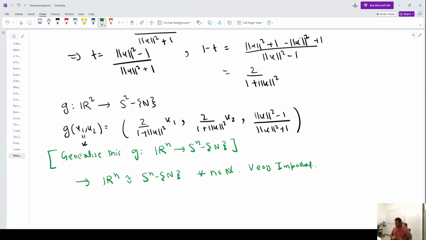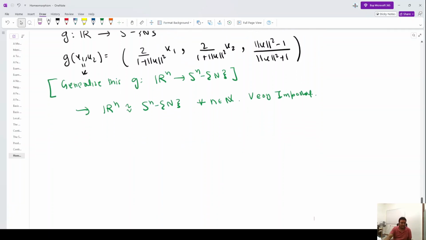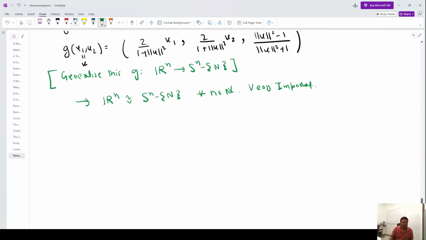I just wanted to give you one example to try. So show that, let me see, F from 0 to 2 pi to S1, F of t is e to the power it.